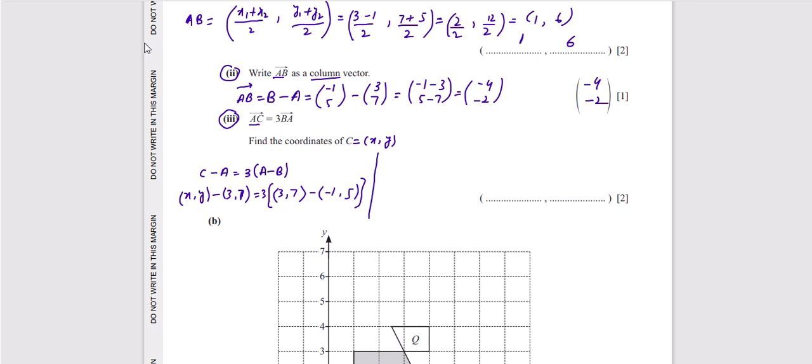Now x, y minus 3, 7 is equal to 3 times, and x: 3 plus 1 is 4, and 7 minus 5 is equal to 2.